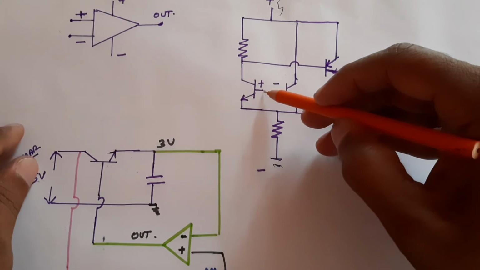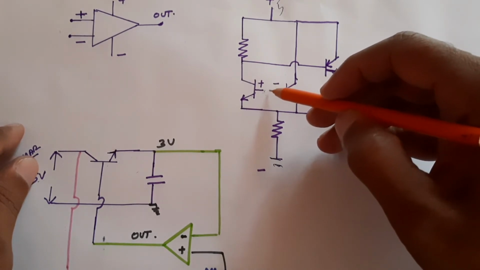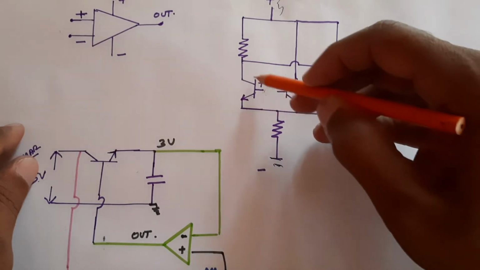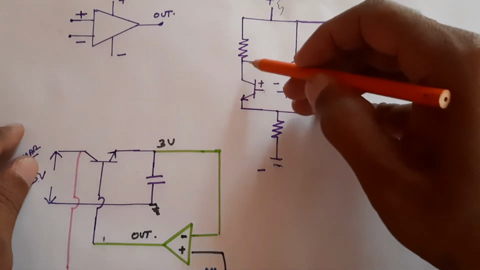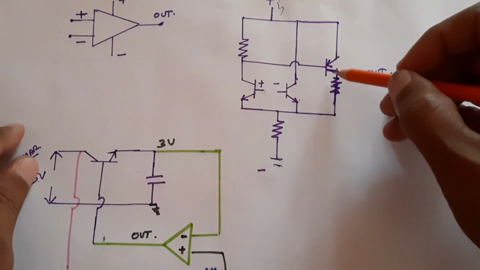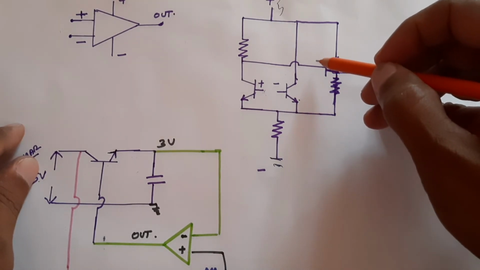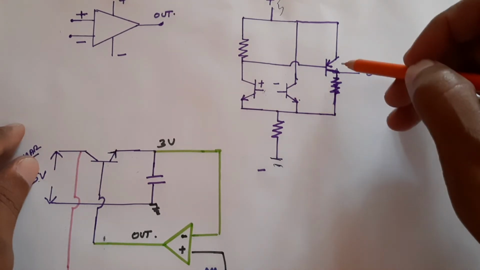For an NPN transistor, it has to be plus. As the base voltage increases, it conducts more heavily, the resistance reduces and more electrons flow. But in the case of a PNP transistor, it has to be more negative. As it is more negative, more electrons go through it.